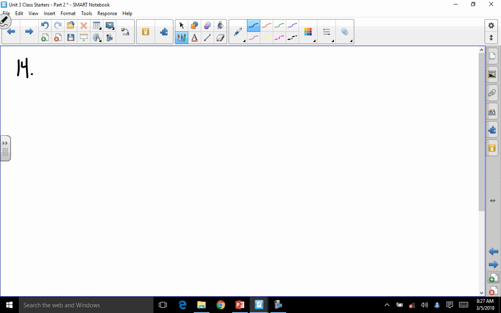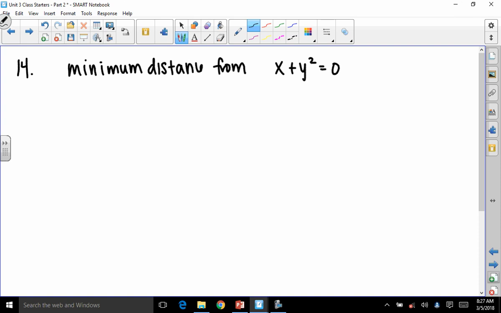So in this problem, tell me what we're trying to minimize. The distance. Good, okay? So we want to find the minimum distance from the parabola x plus y squared equals 0 to the point (0, -3).